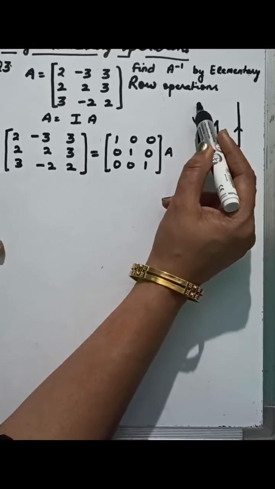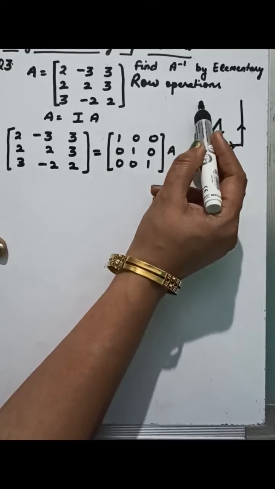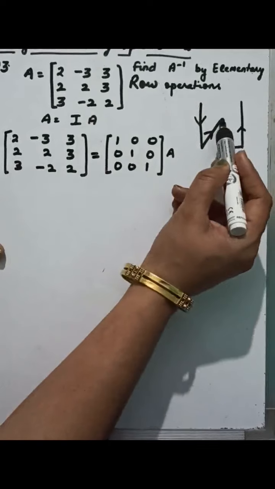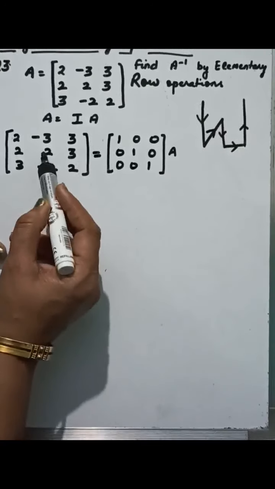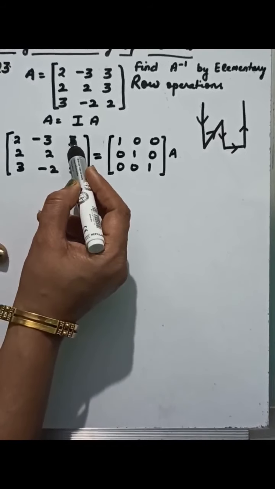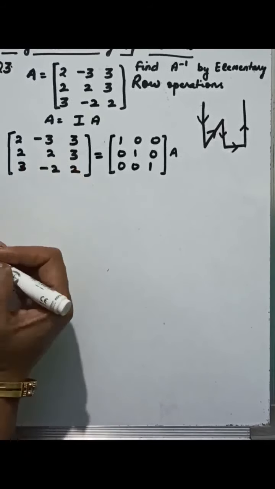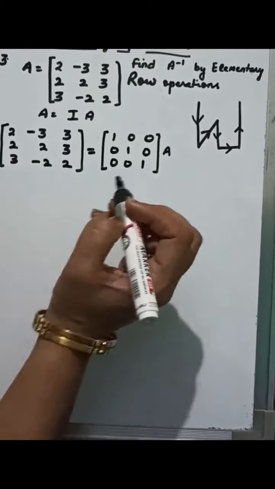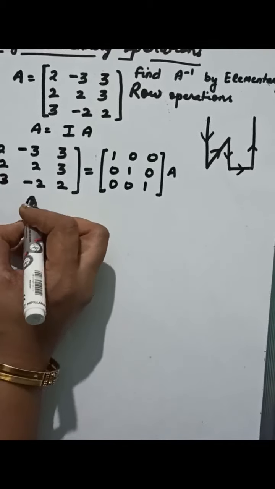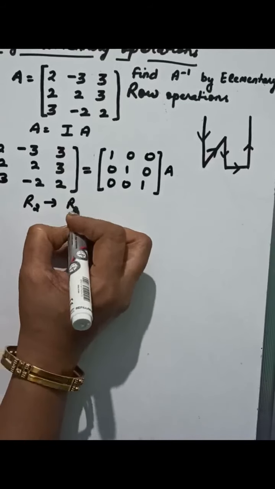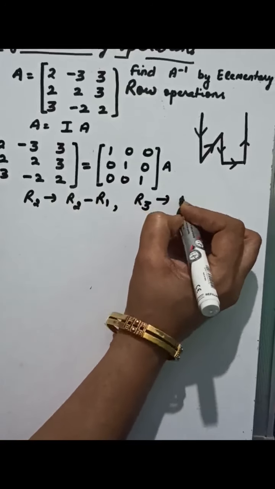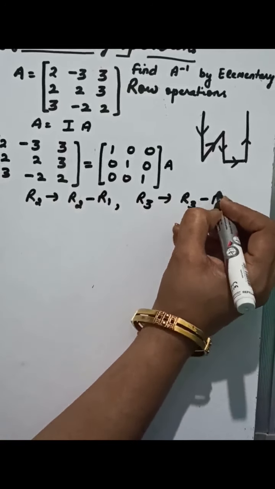So this path is, first we make this element 1, then we make this 0, then make the A2 2 position as 1, this 0, this 1, 0, 0 and lastly this 0. So one by one we apply these steps. The first step is to apply in R2, R2 minus R1, and apply in R3, R3 minus R1.